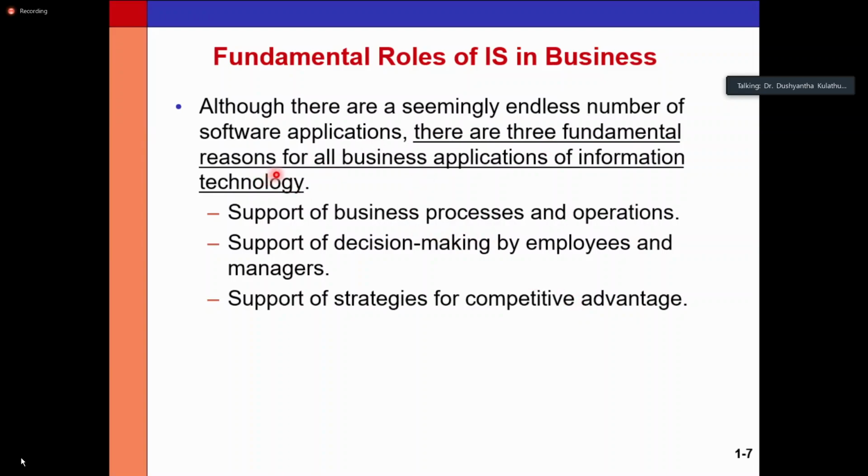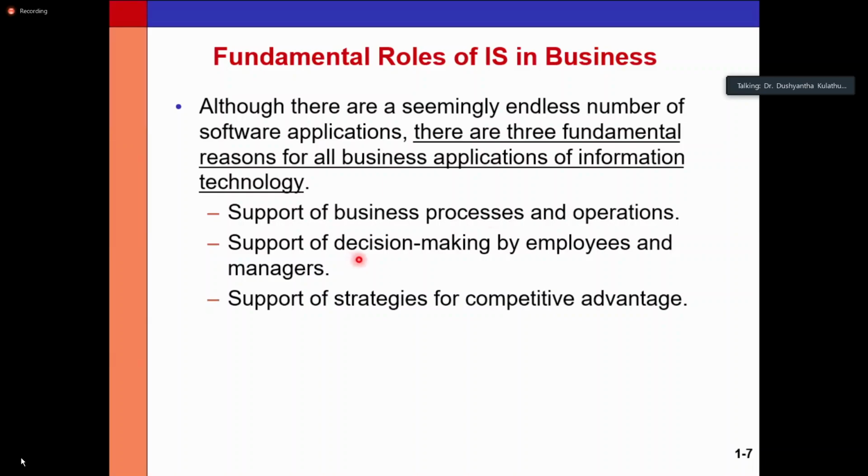So, three primary reasons why most organizations utilize information systems, so information technologies, so software applications. You can think about your own organization also, and most probably you may see that the organization utilizes those software applications to achieve one of these three, or maybe a combination of them. Now, what do you think?